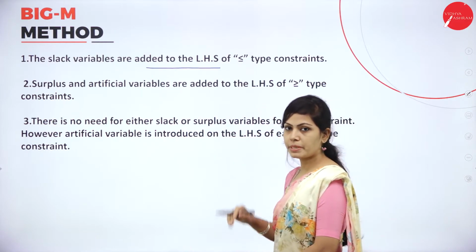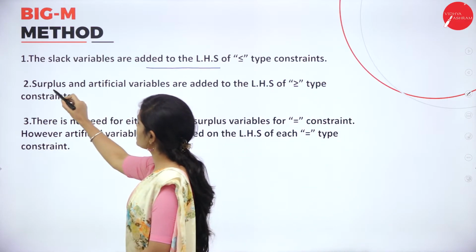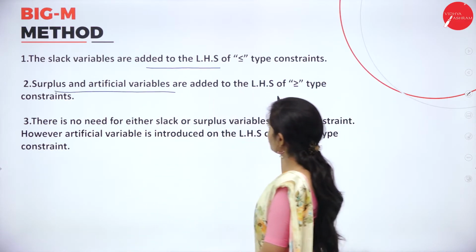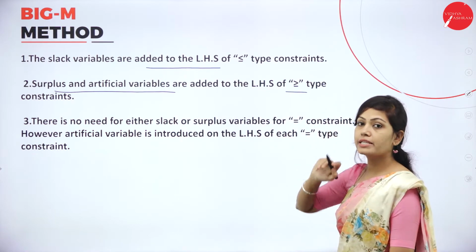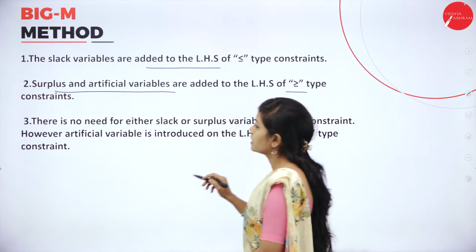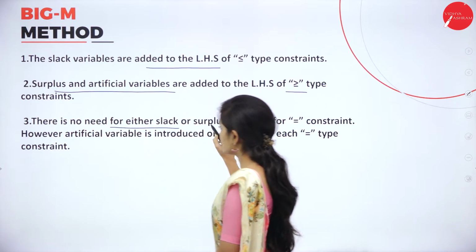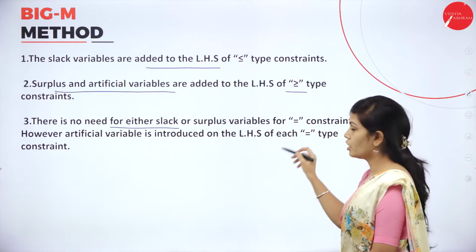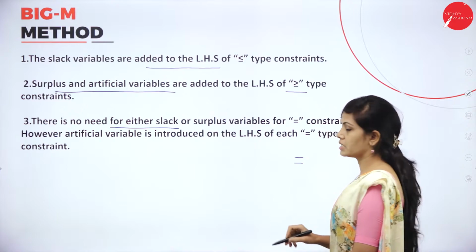In the simplex method, surplus and artificial variables are added to the LHS of greater than or equal to type constraints, and there is no need for either slack or surplus variables for an equal constraint.